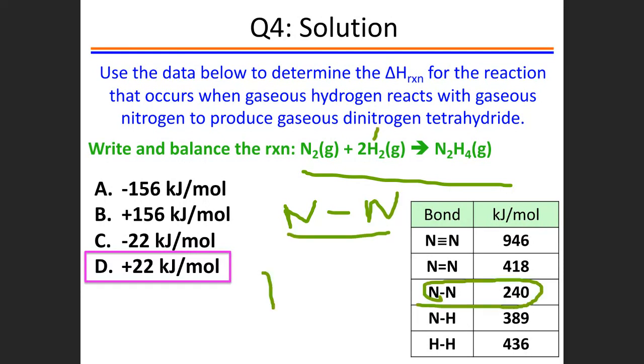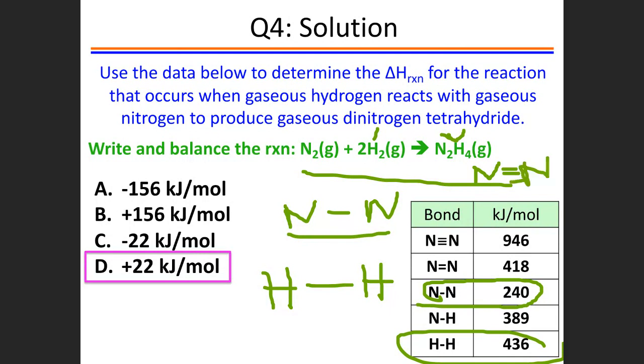For hydrogen breaking, you need this one. When this compound is forming, you need the nitrogen-nitrogen bond, and so here there will be some bonds. Nitrogen 5, correct? Let's see.